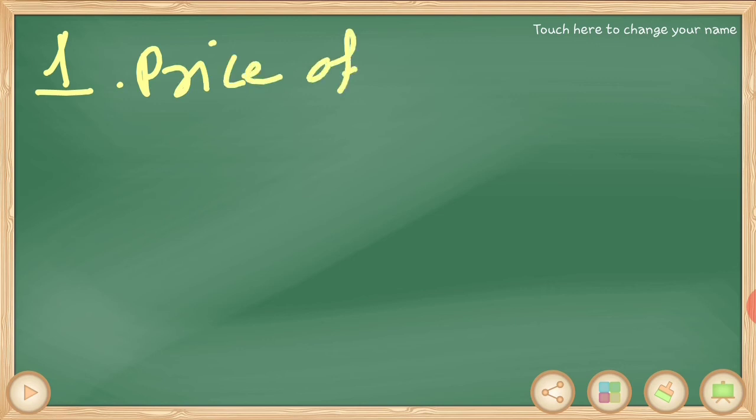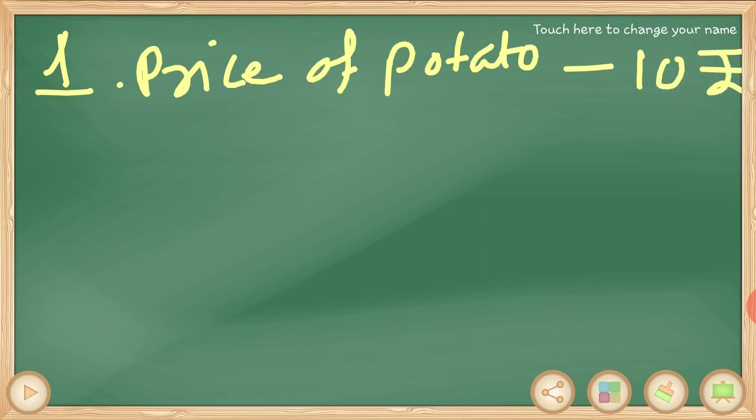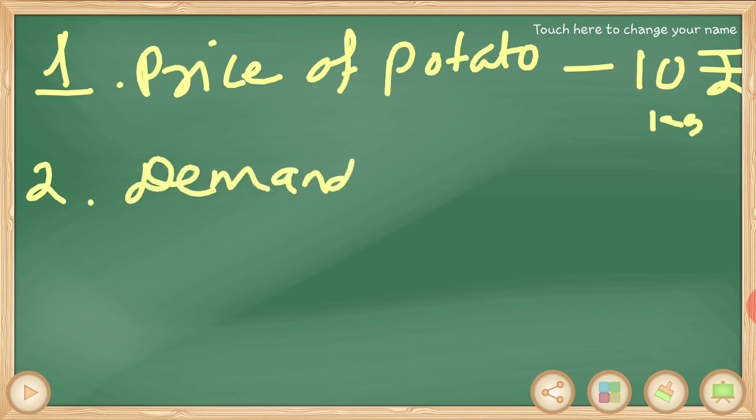Take for example, what is our problem? First point, the price of tomato or potato is initially 10 rupees per kg. Second point, demand is equal to how much?